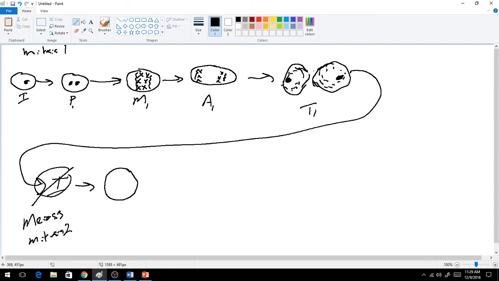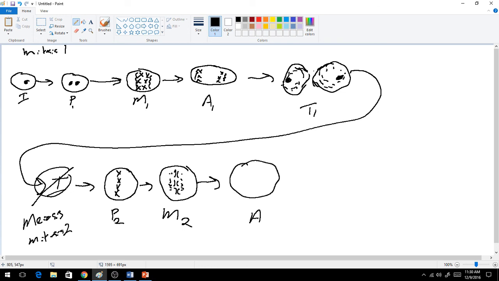But in this case, we haven't replicated the DNA, so we've just got chromosomes lining up along the middle. Those X's are 2 components, so they start to split apart. Now we've still got some cellular hardware there as well. Okay? Then we move into anaphase 2.